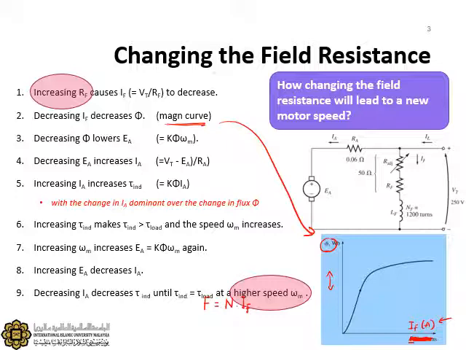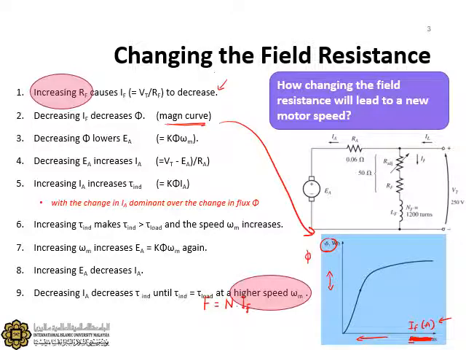Now, to continue our discussion on the effect of changing the field resistance, if IF is decreased, we look at number 1 here. When IF is decreased, which means on the x-axis we go from right to left, we can see that decreasing IF will result in a decrease in the flux.